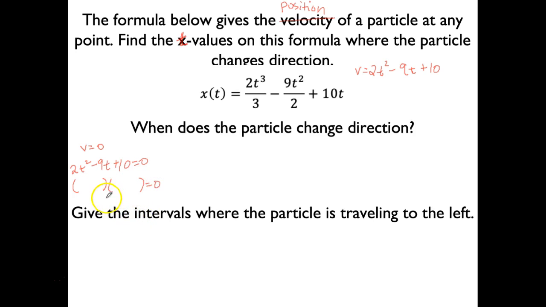And factoring that would give us something that looks like (2t )(t ), with the factors of 10, right, which would be 5 and 2. And then I'm just looking here, both of them would have to be negative in order to give me a positive 10 there. And look at this, this would be negative 4, negative 5, making negative 9. Okay, so that gives us two answers here.